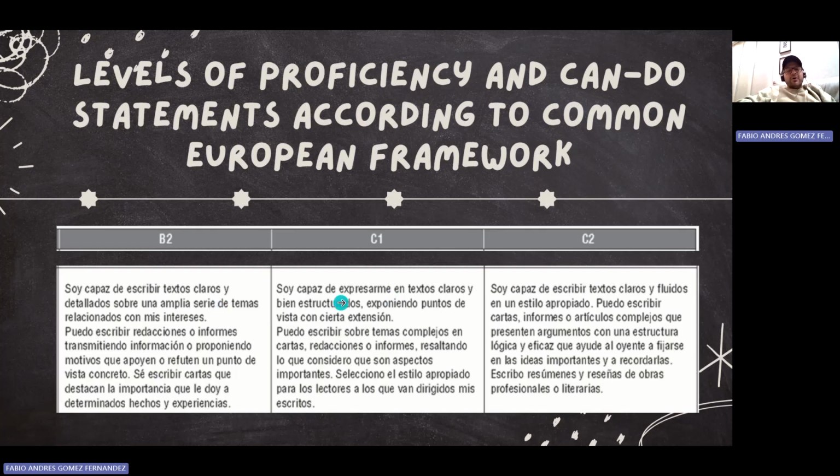In C1, we're able to express ourselves in clear and well-structured texts, presenting different points of view, and being maybe more extended. And in C2, we're able to write clear and fluent texts in our own style. And we can write letters, we can make reports and articles more complex than in other levels.